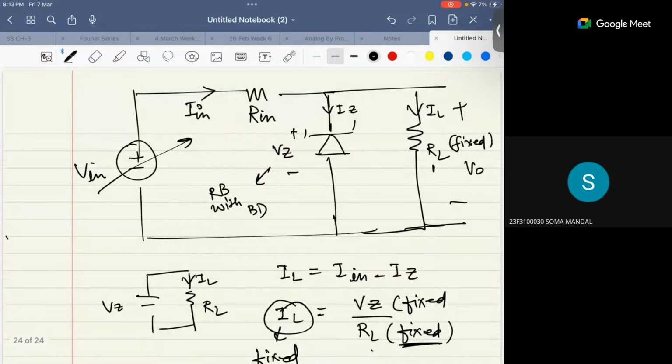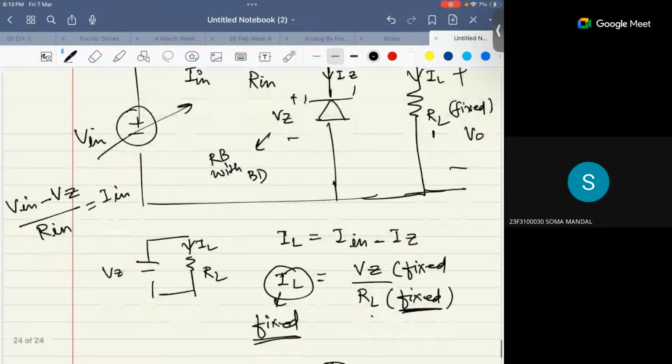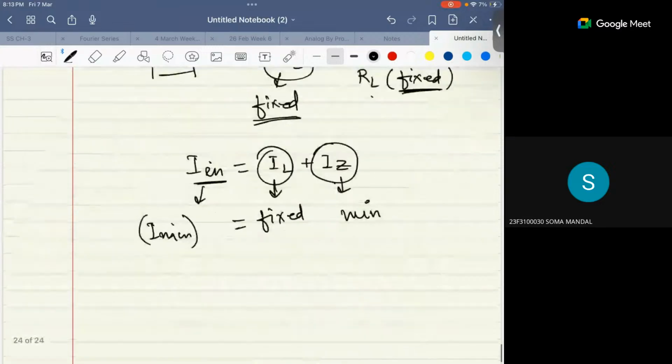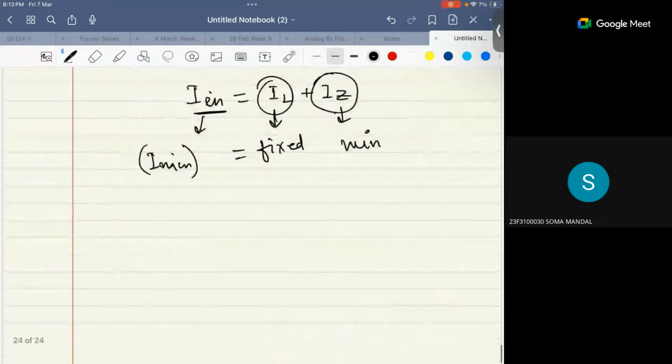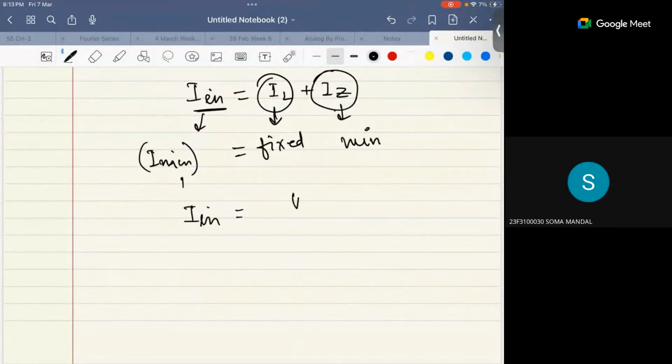Can somebody calculate the IZ value? What will be the value of IZ? I input equals V input minus VZ upon R input. Correct? So I input minimum will be V input minimum minus VZ upon R input.